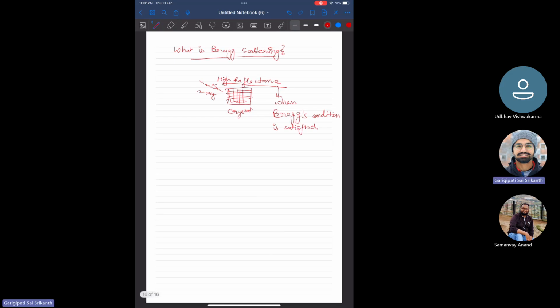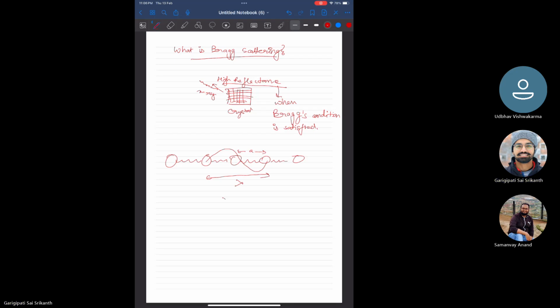So what is Bragg's condition? Say if you have a crystal, and the wavelength is lambda, and let's say this is the lattice constant a.